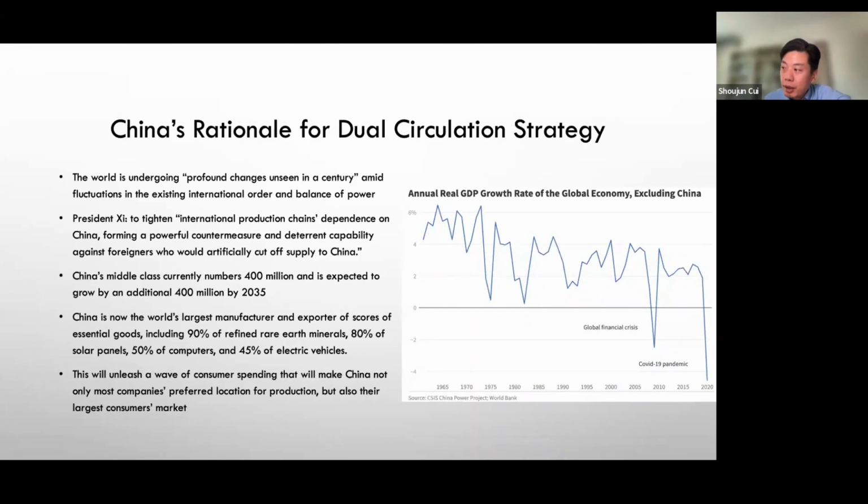So combining the domestic market with the international market is the best solution to sustain China's economic growth and also to help China surpass the so-called middle income trap.